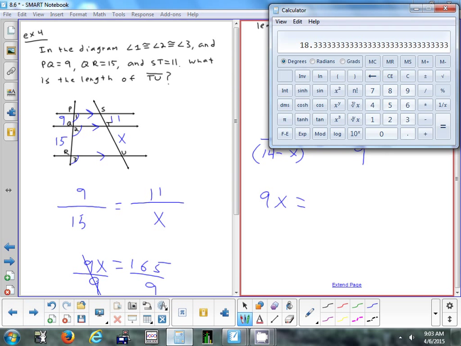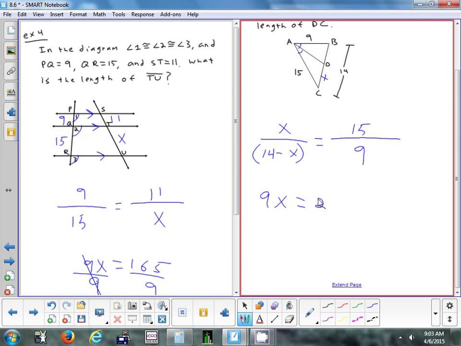So we've got 14 times 15, so 205, 210, minus 15x. Okay, next thing I do is add the 15x to each side. Selena, what's 9x plus 15x? 24.